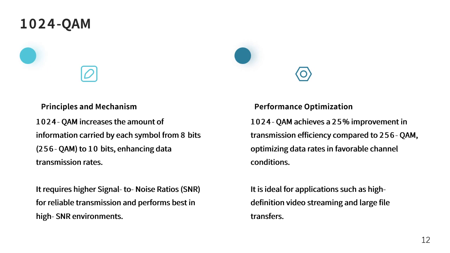conditions. And for the performance optimization, during strong signal conditions, 1024 QAM achieves about 25% higher throughput compared to the 256 QAM one.